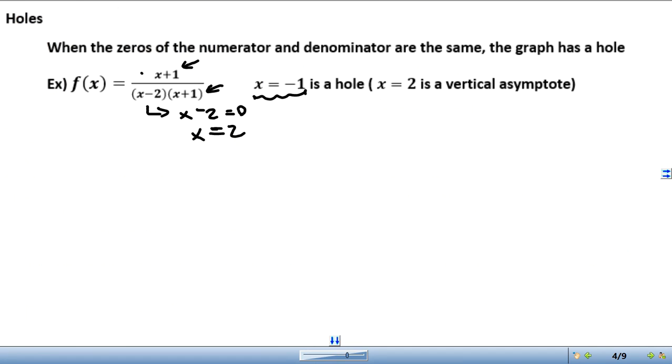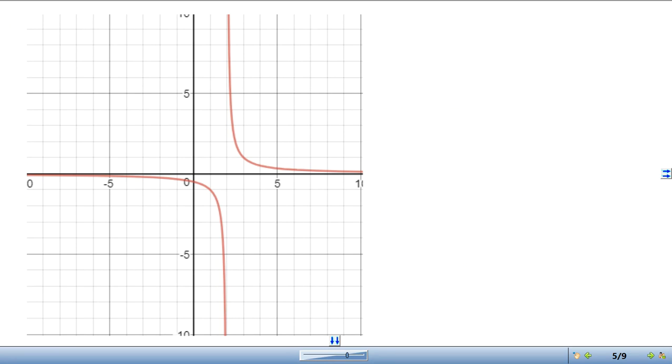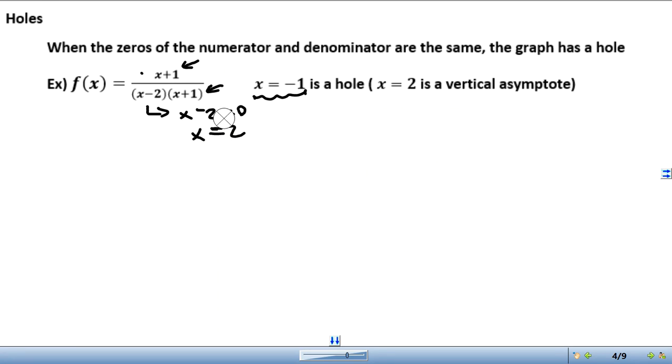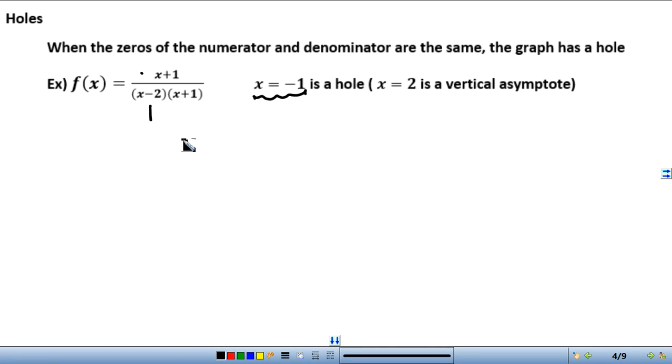And then vertical asymptotes, you should already kind of know about that. So for instance, take this right here. If I plot x plus 1 over x minus 2, x plus 1, first off, this right here is a vertical asymptote. This here tells me I have a hole.